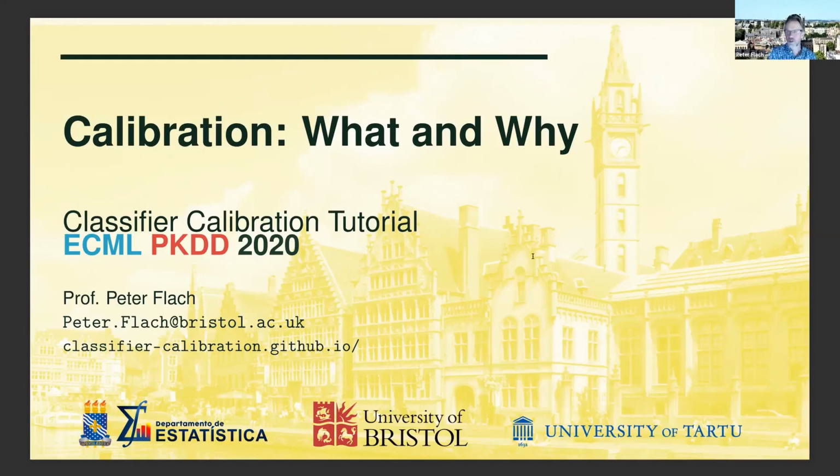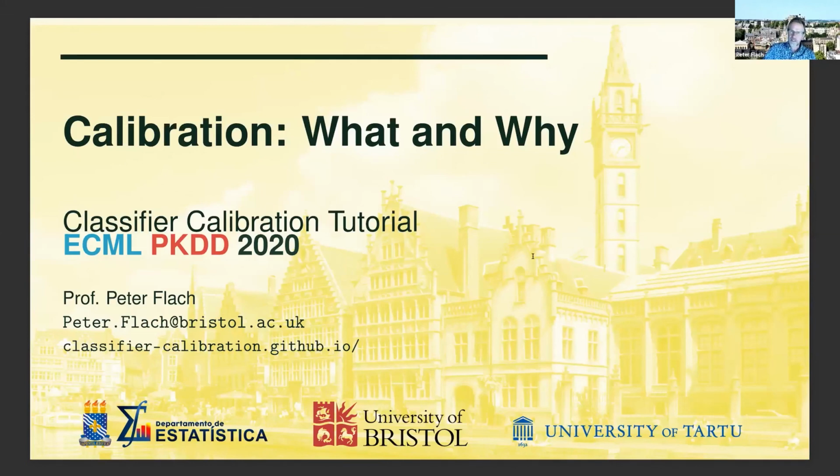So if that isn't true, then you need to care about calibration. If your class distribution might change, if your decision boundary might change, if in future you may get a second classifier and you need to combine the predictions from different classifiers, then you need to worry about calibration.